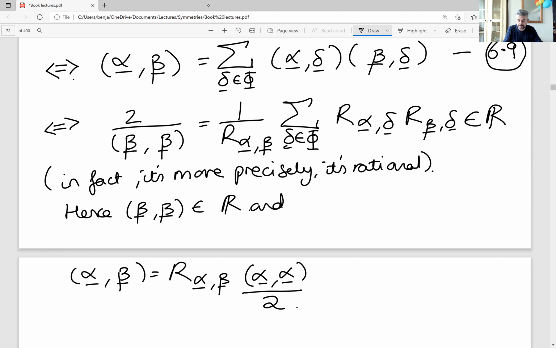So R is an integer, and the inner product of any root with itself is a real number, and so (alpha, beta) must also be real, as long as the roots are in the root set. So we're beginning to get towards our real geometry here.